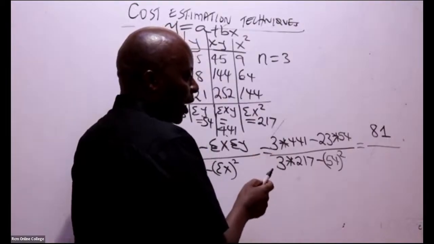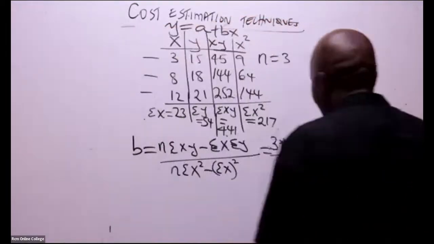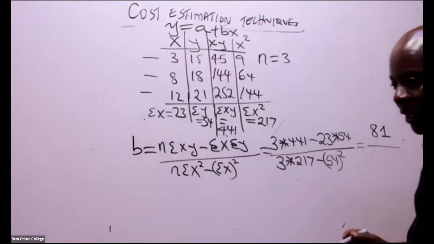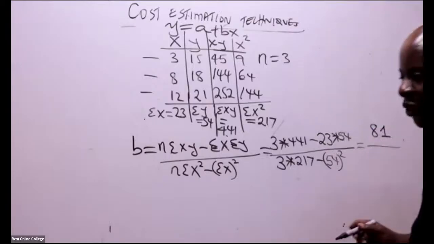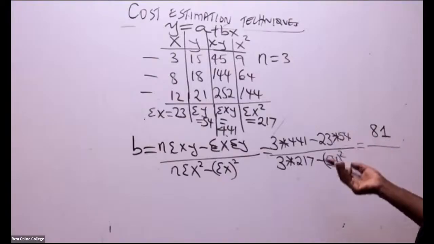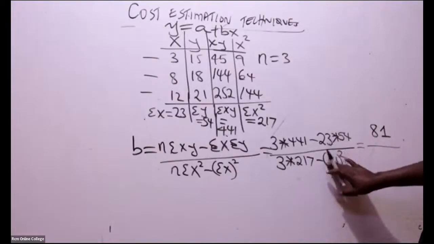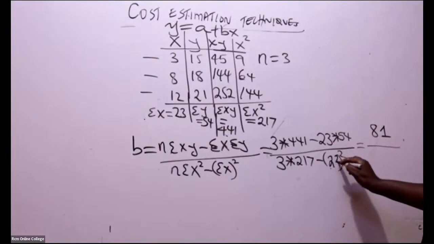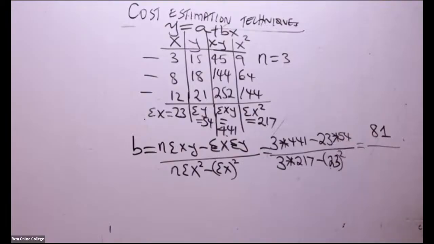Yeah, remember it has to be the summation of x, which is not 54. Sorry, I took the summation of y. I'm really sorry. It's supposed to be 23 squared. It is the summation of x here. Thank you so much for that.